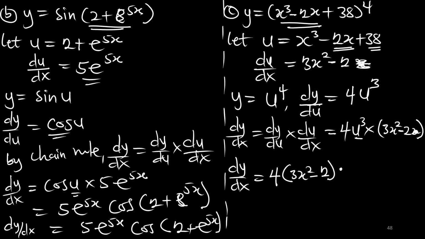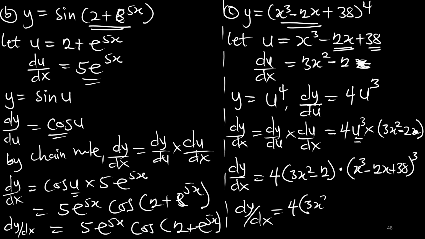We know the value of u, which is x cubed minus 2x plus 38, all raised to the power 3. The final derivative for this expression is 4 times 3x squared minus 2 in brackets, times x cubed minus 2x plus 38 cubed, and we are good to go. So this is the derivative.